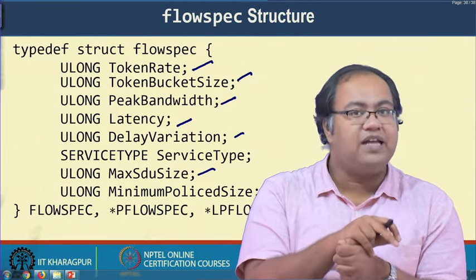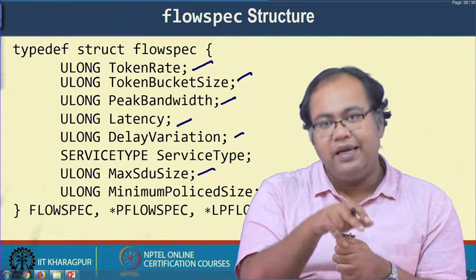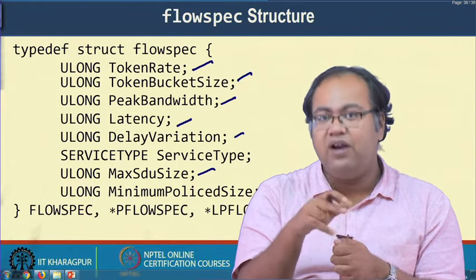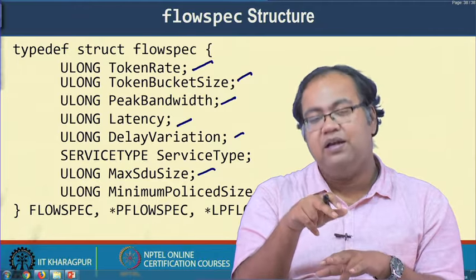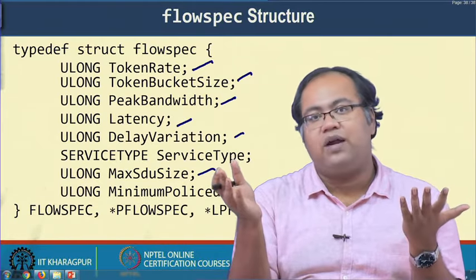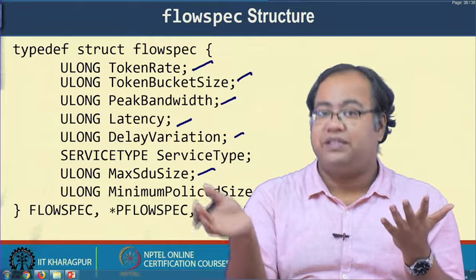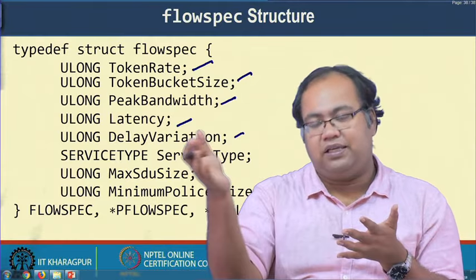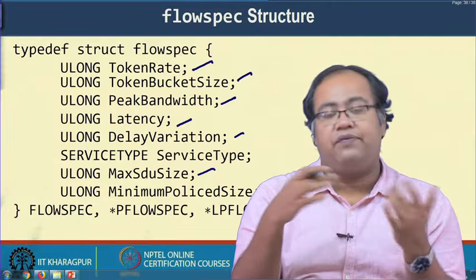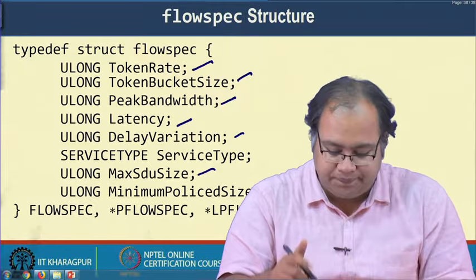Whereas, in the case of the filter spec, you are configuring the packet classifier to say that this particular user may generate VoIP traffic, video on demand traffic and best effort traffic as per its service level agreement that the traffic classifier needs to take care of.